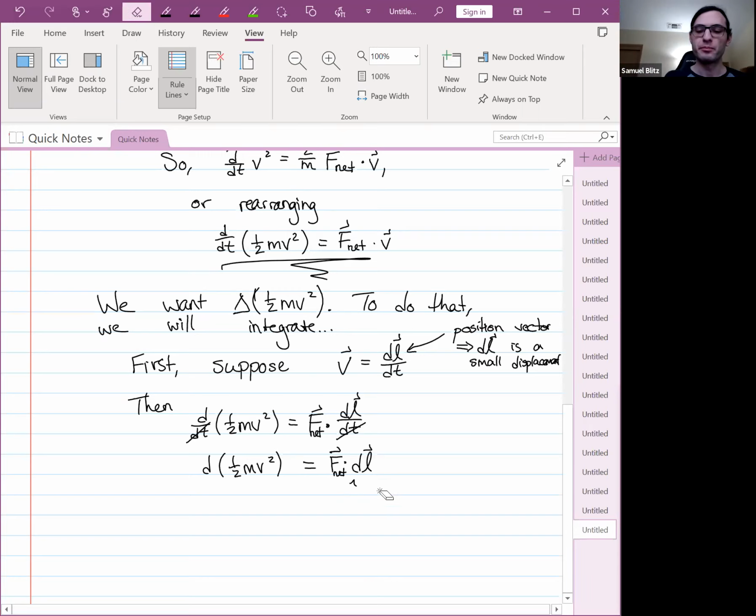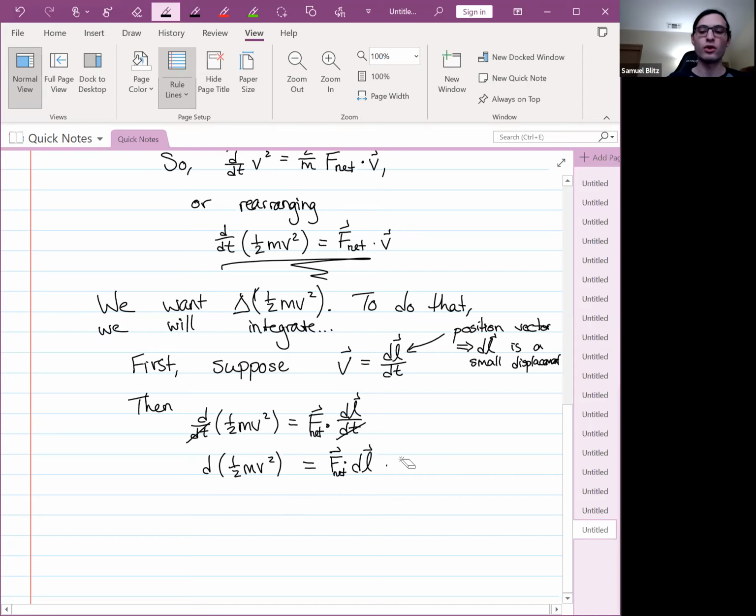Right, okay. So we have d of something, a very, very small change in that thing, equal to a force dotted into a very, very small change in distance. Just to be clear, this is true at a particular place or a particular time.